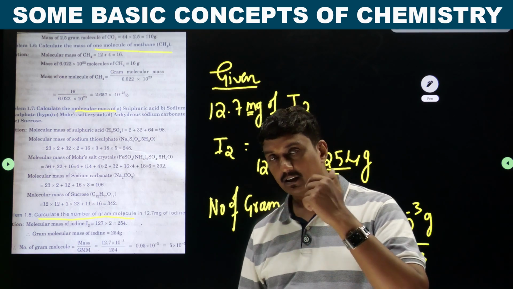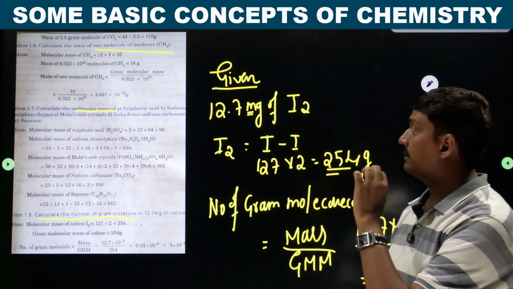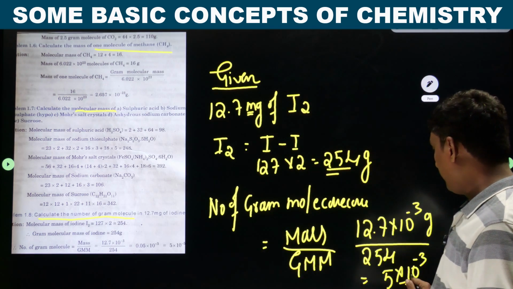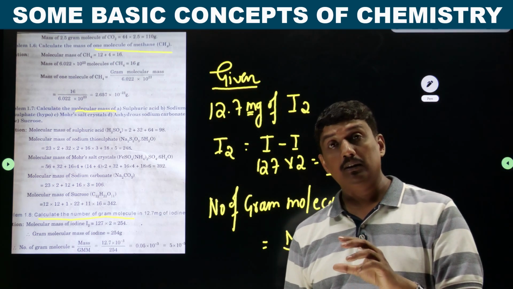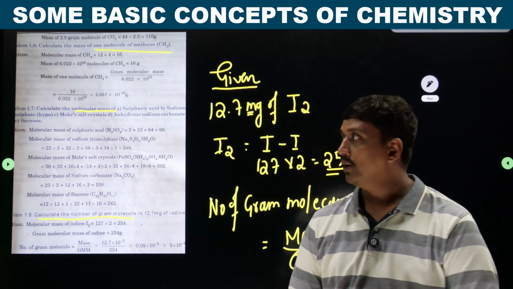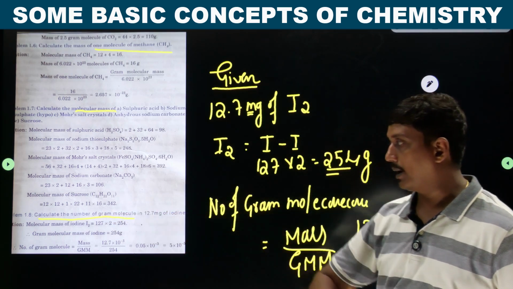No unit. A gram molecule is a number. So if you take 12.7 mg of iodine, it is equal to 5 into 10 to the power minus 3 gram molecules. So this is how we can calculate the number of gram molecules.